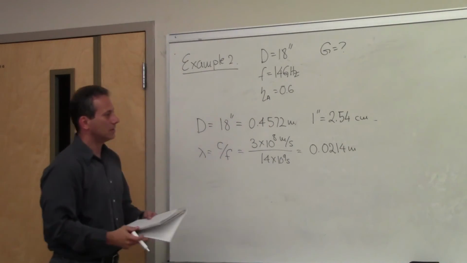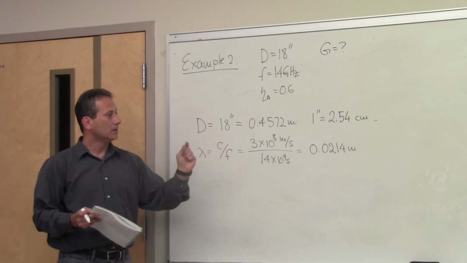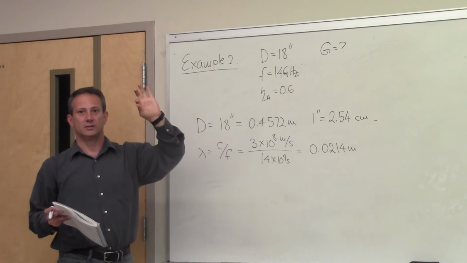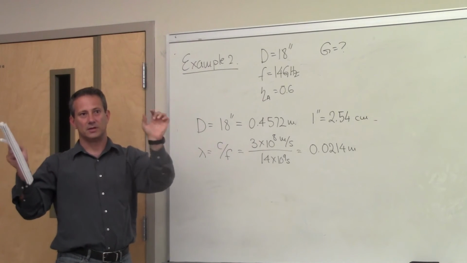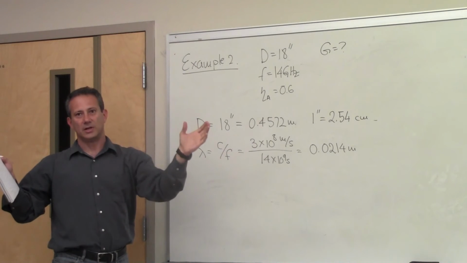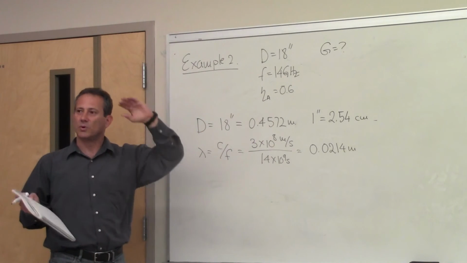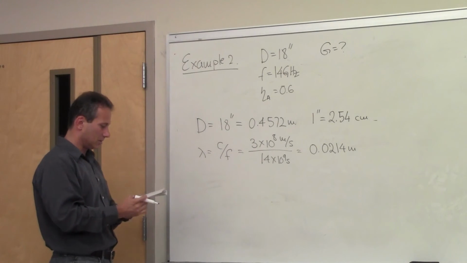So once you go to 14 gigahertz, that's Ku band, your wavelength is about 2 centimeters. So something that is half a meter, compared to something that is this small, it's pretty large, right? So even for the small sizes of these dishes, you end up with relatively large gain.